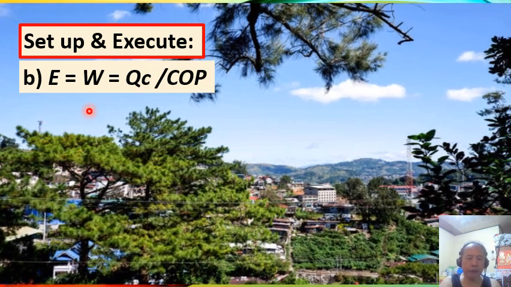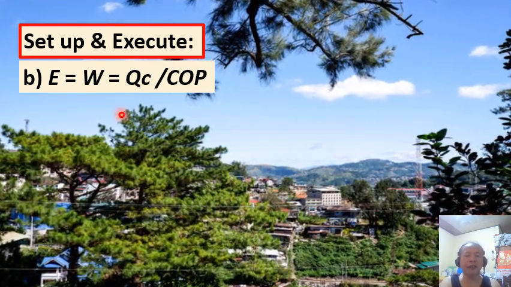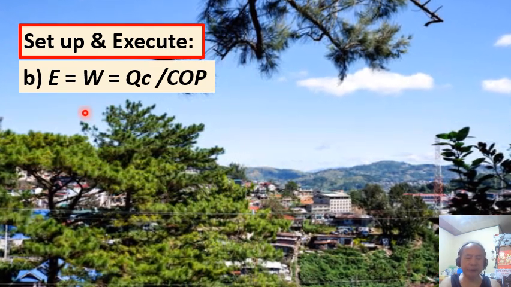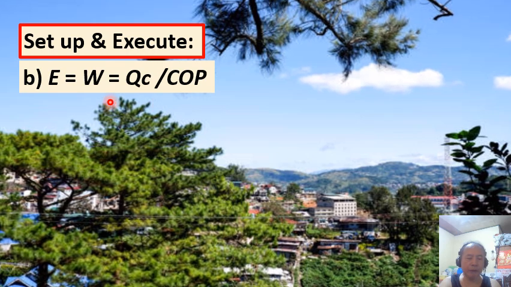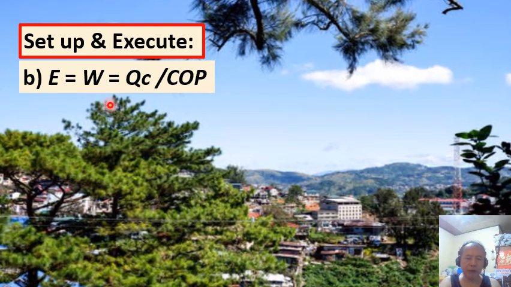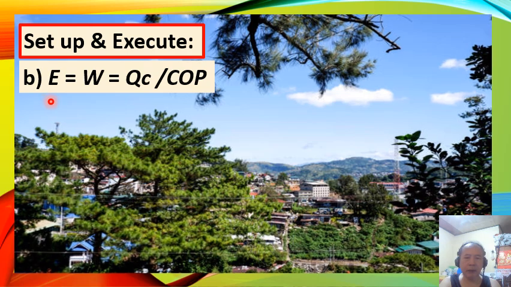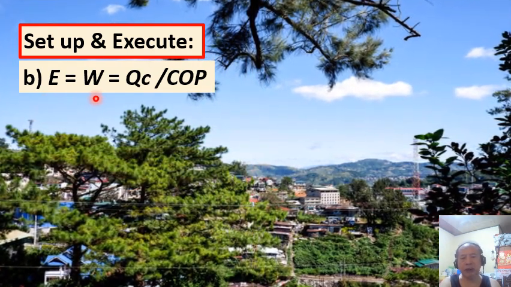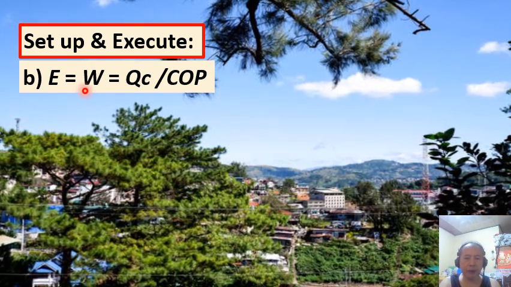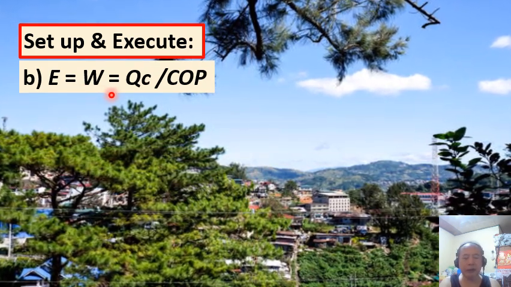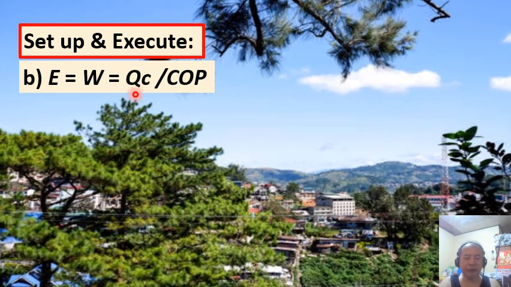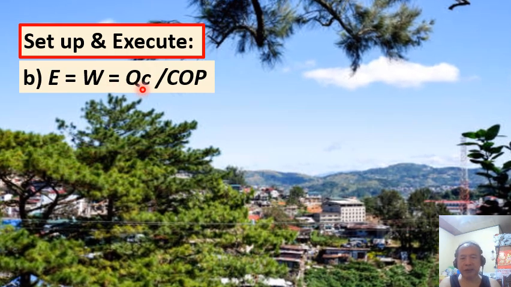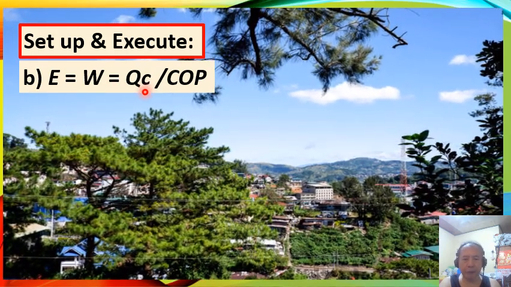In part B, we can find the amount of electrical energy, capital E, that is consumed by the freezer in a period of 1 hour. So we will assume that the electrical energy consumed by the freezer is equal to the work done, W. This is the work done by the compressor of the freezer in order to extract the heat from the cold reservoir.